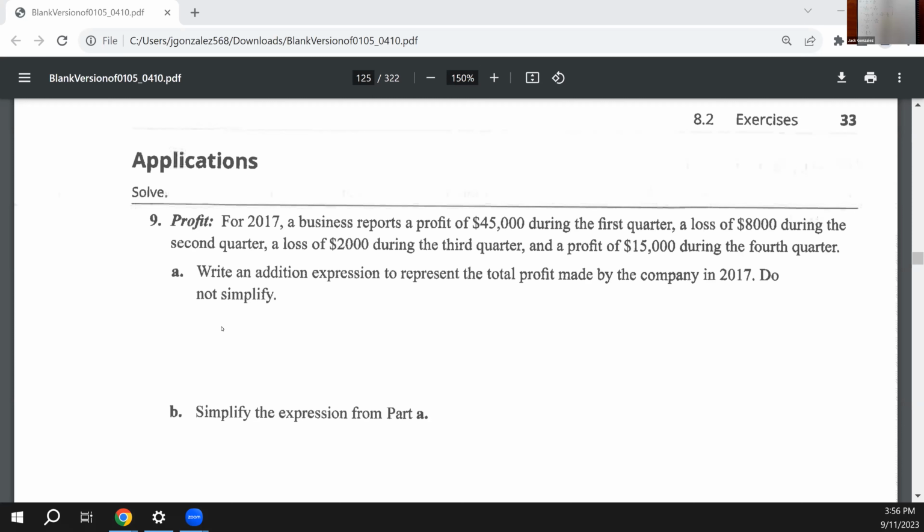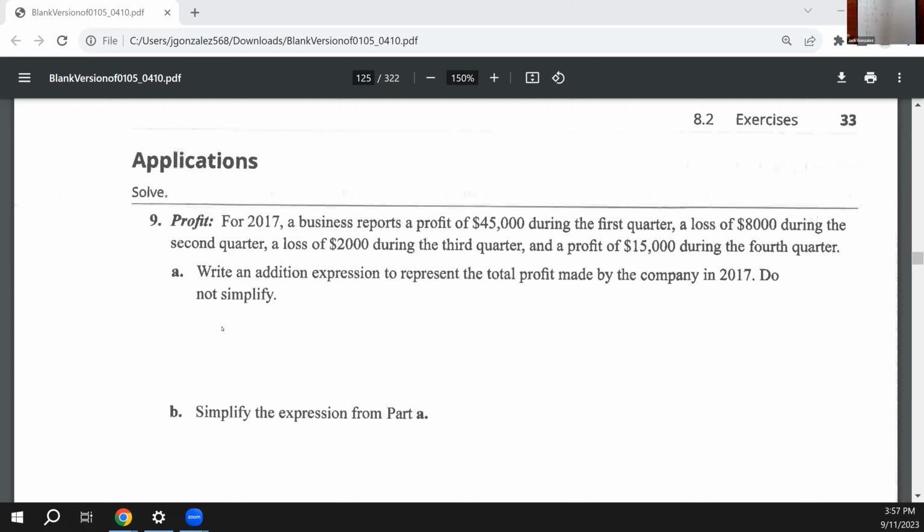Okay. So just write down the positive and negatives where they belong. That's it. So the first one is a profit. So you agree that number 9 should be 45,000 to start.